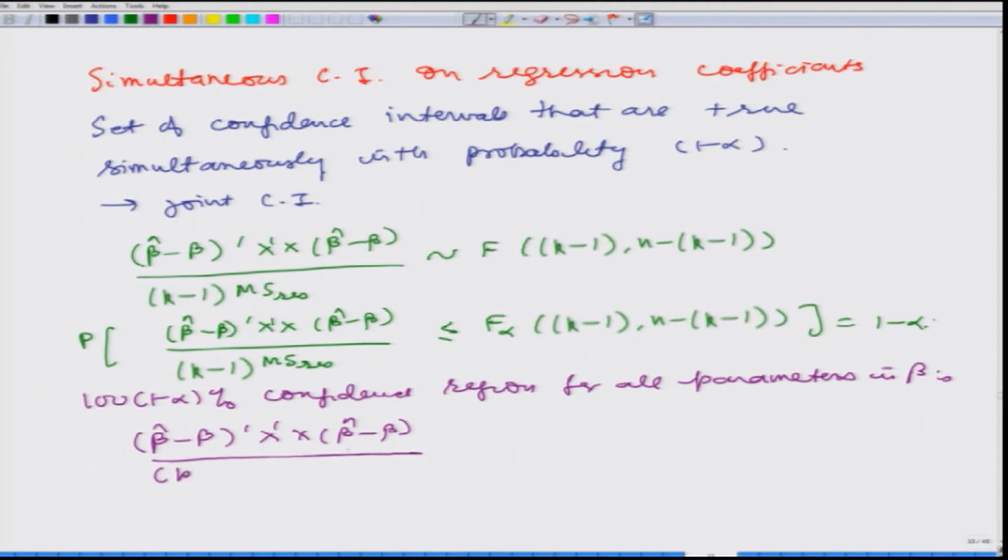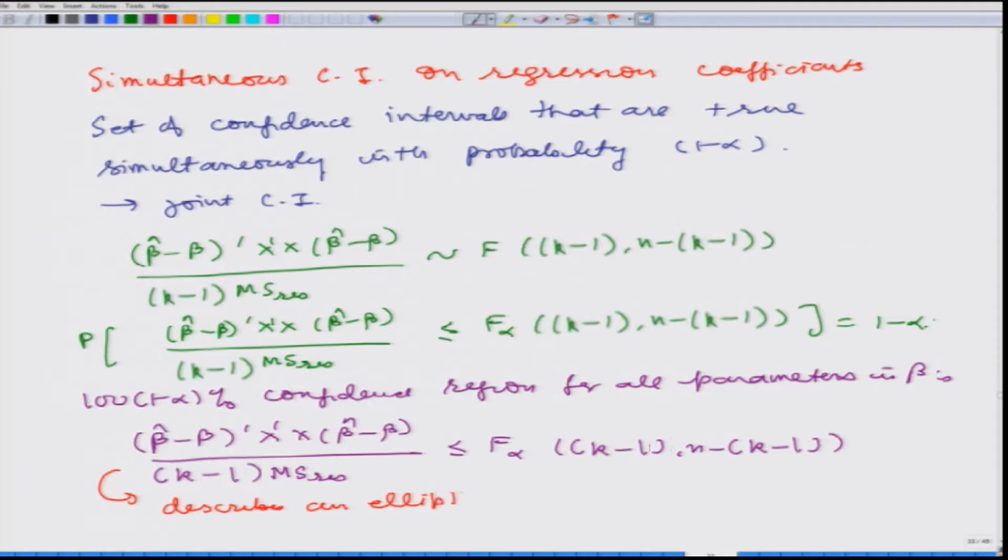And this describes an elliptically shaped region. You see, when you have only one parameter, then we have a confidence interval.